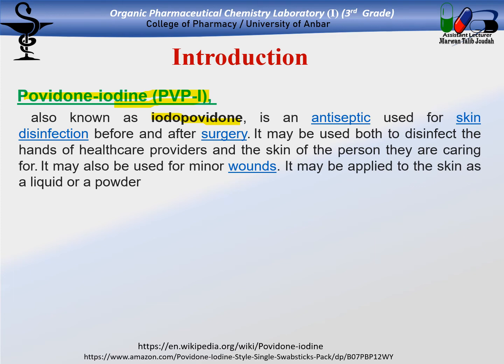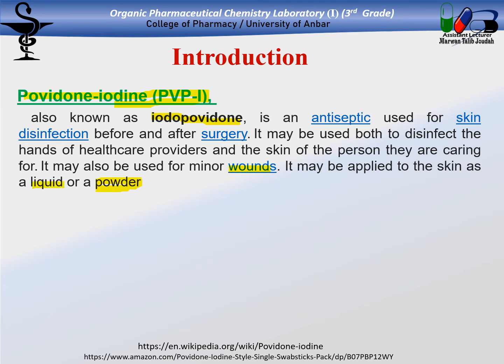It's also used to disinfect the hands of healthcare providers and the skin of the person they are caring for. Likewise, it's used for minor wounds. Okay, it could be applied as a liquid or as a powder, depending on how the medication is manufactured.